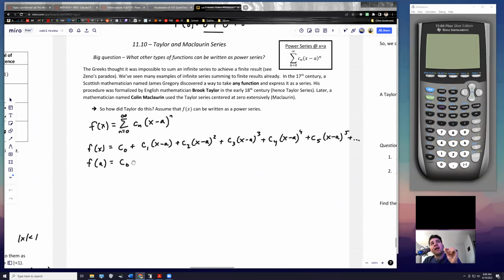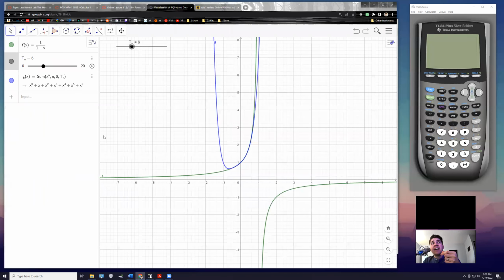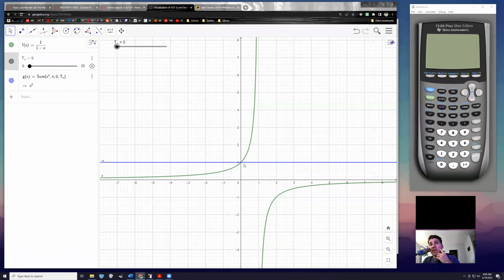Well, what this is implying is that if a function has a power series representation, then the first term, the constant term, must be equal to the value of the function at a. And actually, that kind of makes sense based on the visualization we were just looking at, right? Because notice that where these two graphs intersected was at the value of 1. And if you look at the value of f of x, 1 over 1 minus x, if you plug in 0, you get 1.